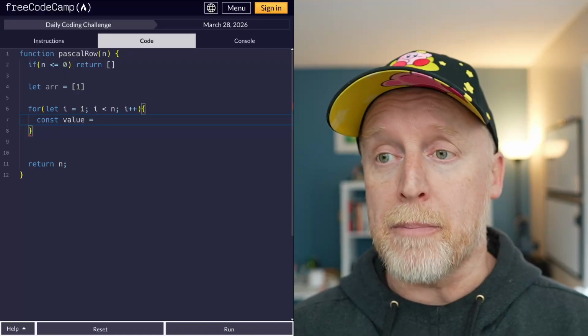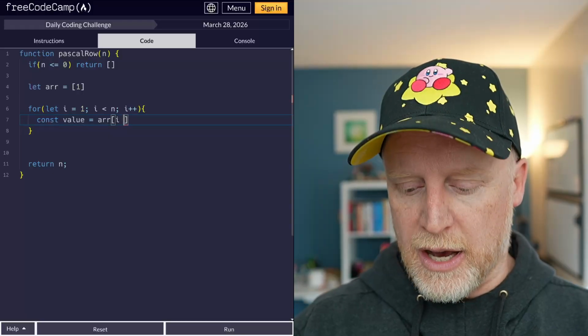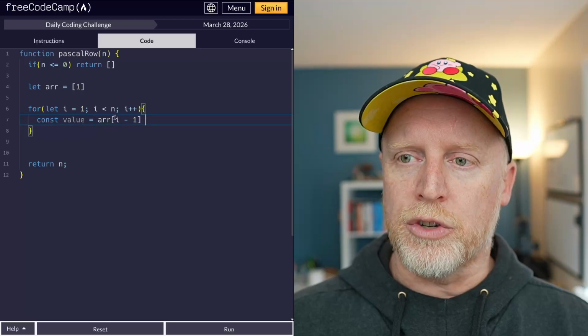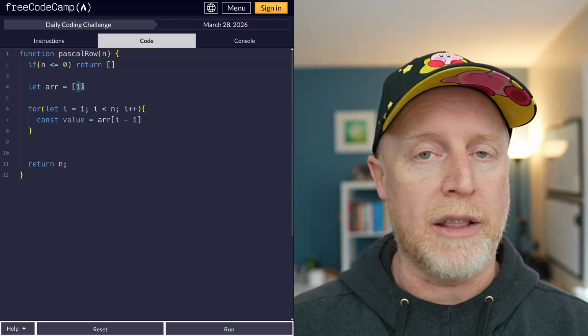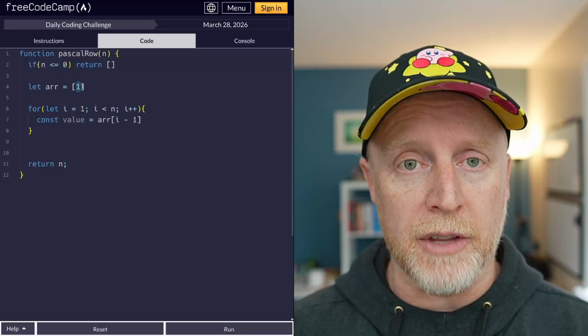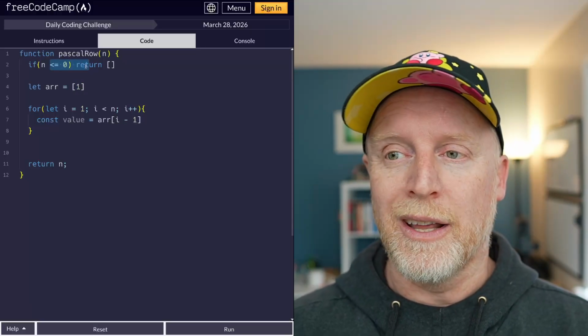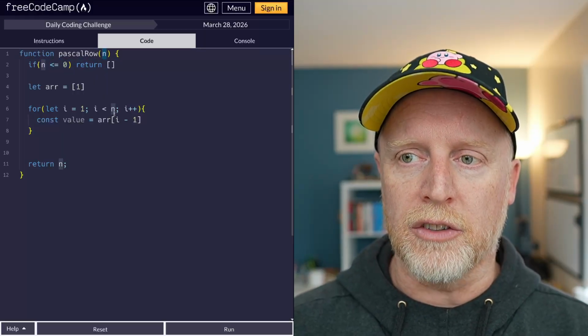So down here, we set a new value like this, and we are going to do some math. Now that math is going to be based off of the previous index. So it's going to be i minus 1, okay? Space it out, make it look pretty, which means that because we're starting at 1, 1 minus 1 is 0, which means that we get that 1, okay? We always get something because we returned if it's a negative number. So always going to generate something until we hit n, which is the thing that's passed in.